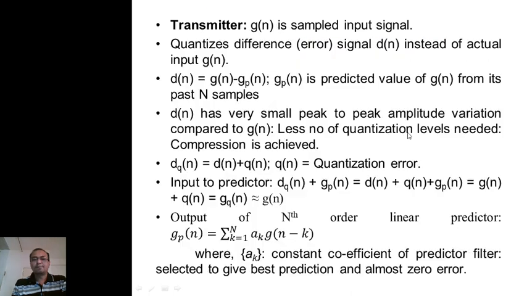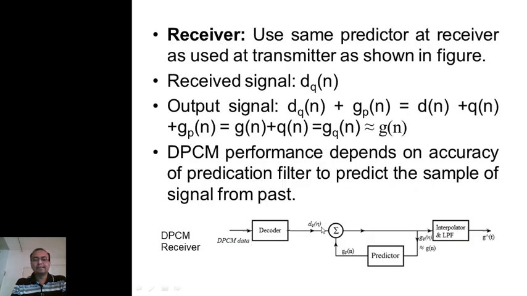So actually my input at the receiver is the d_q(n) signal. So I have a decoder circuit which is opposite to the encoder, and I can get the signal d_q(n) completely if the channel is noise free, right?